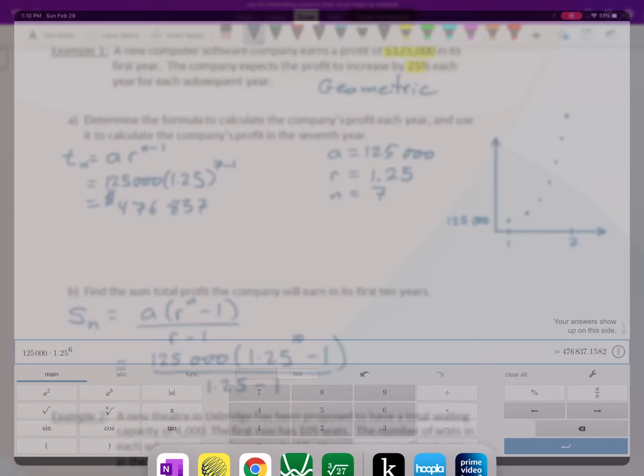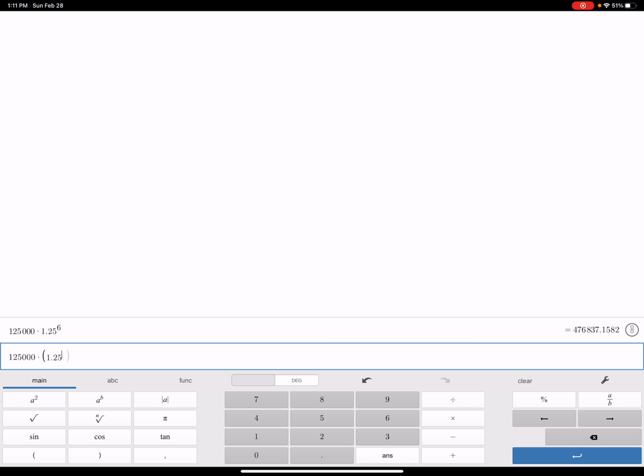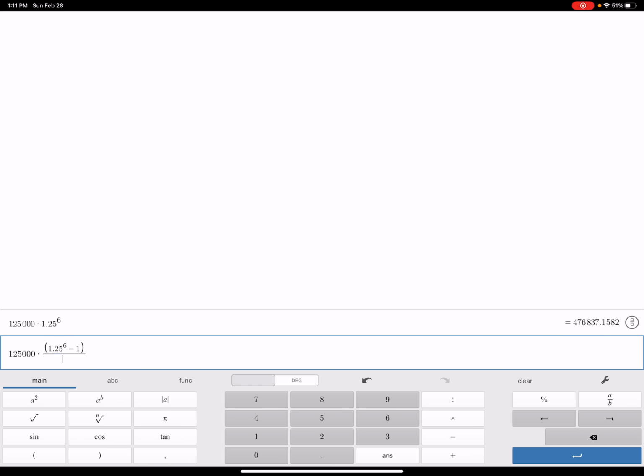So again, let's just type that all in at once. $125,000 times, I'm going to use brackets, 1.25 to the exponent 10, then minus 1 here, and then divided by 0.25. I'll simplify that. 1,407,348. That sounds reasonable based on the fact that, again, the 7th year they made over $400,000 profit.